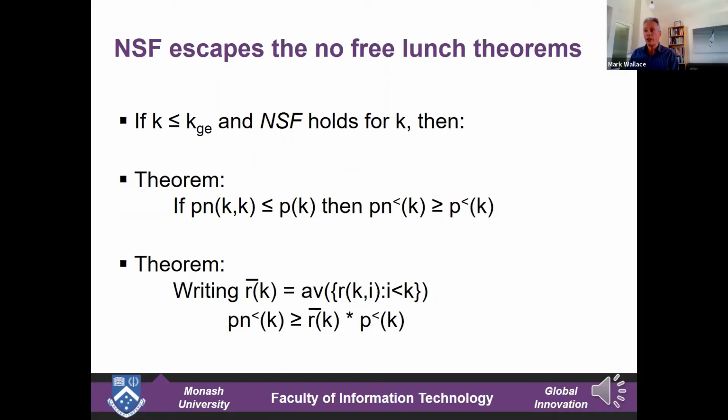So this says that searching the neighbourhood is expected to improve faster than searching in the whole search space, than blind search. We can also, because the fitness levels are decreasing, take the average of RKI for I less than K. If this average value of R is greater than 1, then we can also guarantee that the probability of improving is greater with neighbourhood search than with blind search.